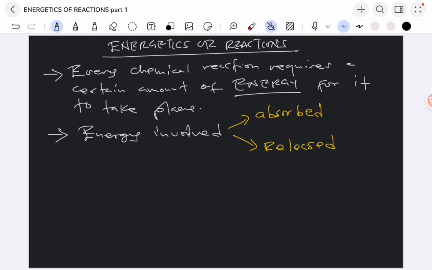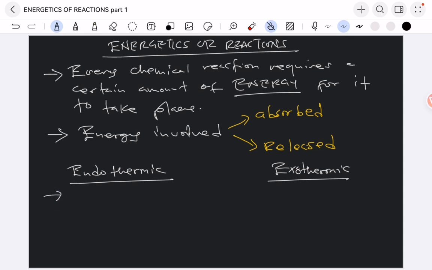Then this brings us to the major two processes that are involved in a chemical reaction, and these processes are known as endothermic and exothermic. So endo means inside, exo means outside.